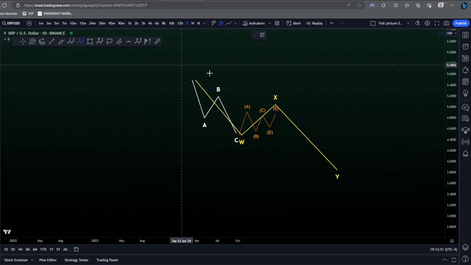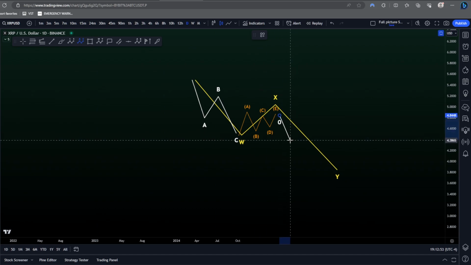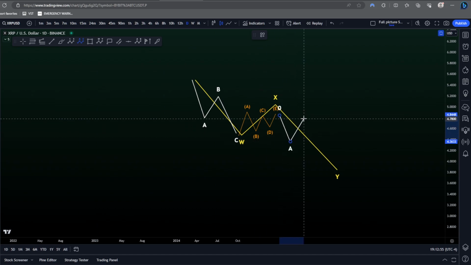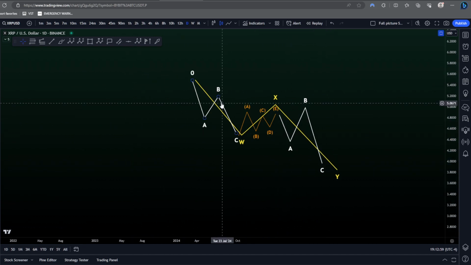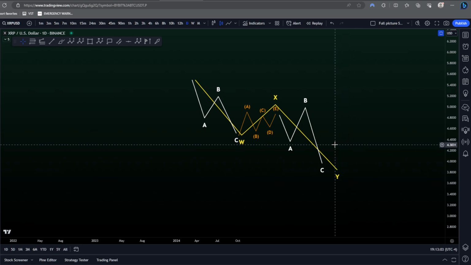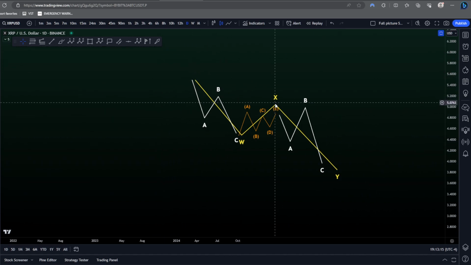Second correction, we have another, actually, we have a freaking flat. Look at that. We have an ABC followed by a triangle followed by a flat. Okay. Easy. WXY.